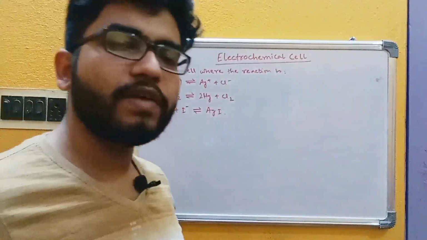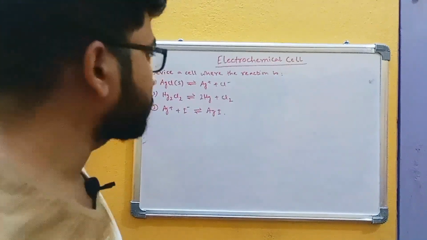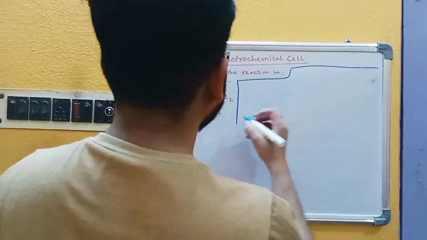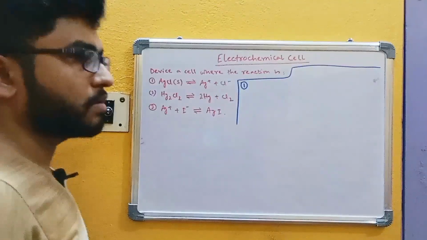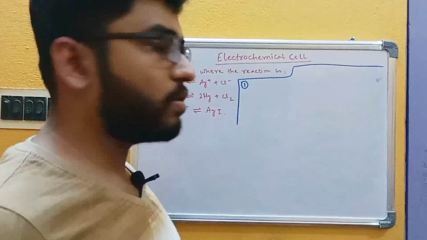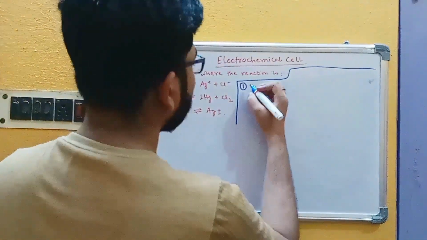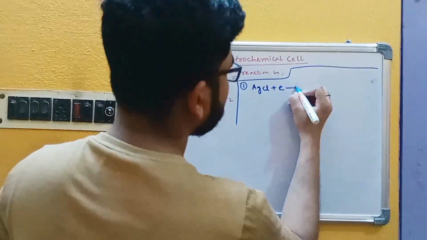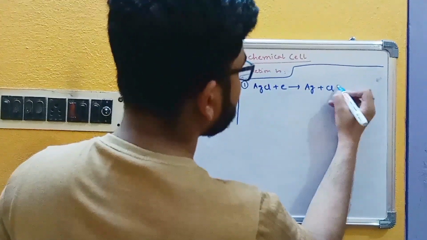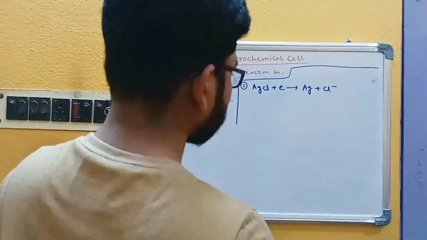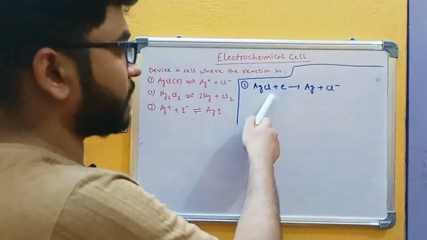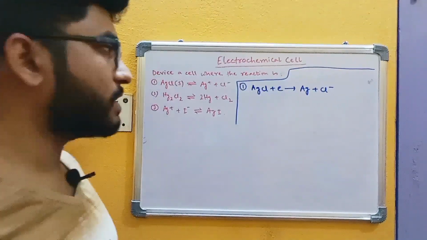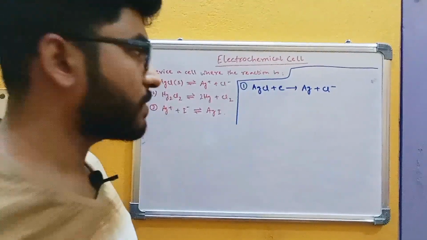So we have to devise a cell from the given cell reaction. So firstly, we have discussed earlier in the second kind electrode that in case of silver electrode the half cell reaction is AgCl plus electron gives Ag plus Cl minus. Then it will act as cathode because here reduction takes place, and as reduction takes place then it will act as cathode.